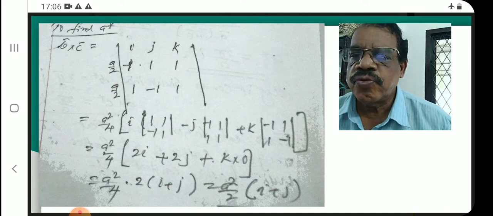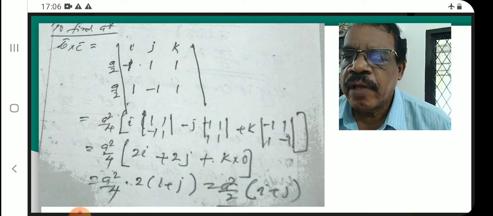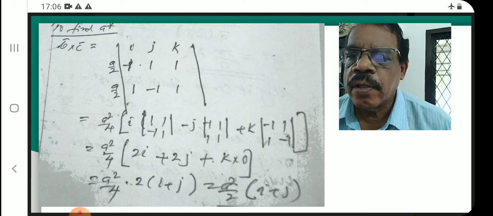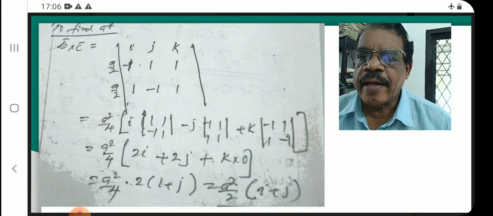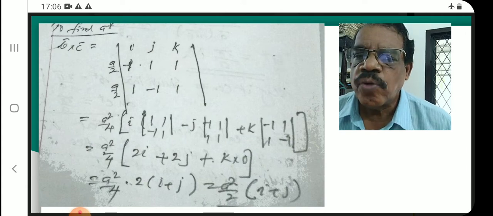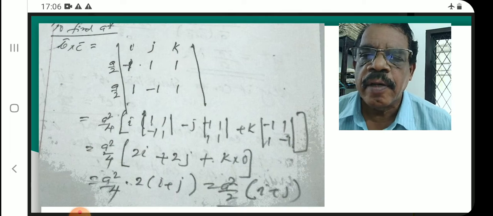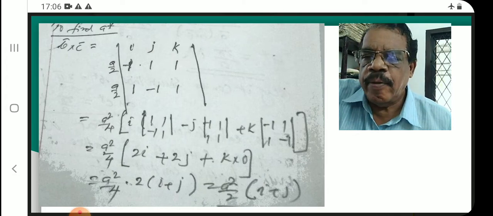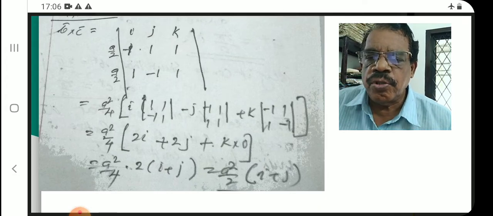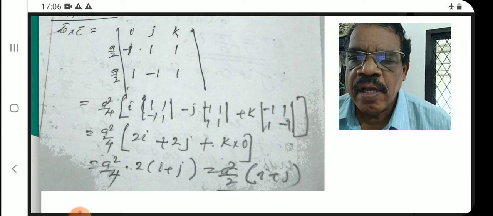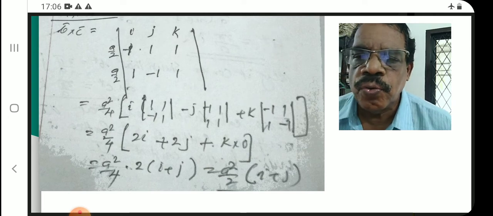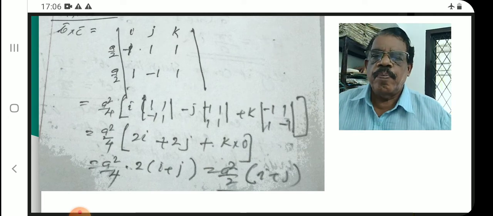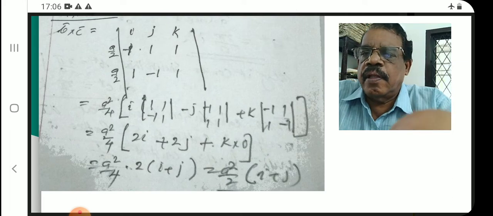That is the value b cross c. We expand: a square by 4 into bracket of i into 1 plus 1, so 2i comes. Similarly 2j, and the next term is 0, because 1 minus 1 is 0, so k into 0 is 0. So here we get a square by 4 into 2 into i plus j, that is a square by 2 into i plus j. That is the value b cross c.